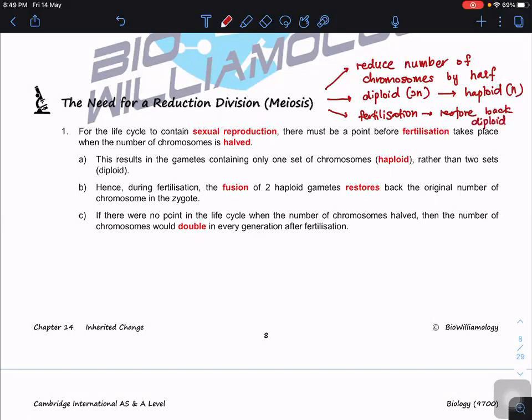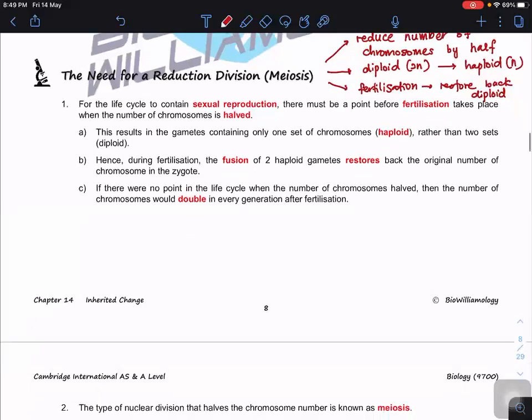If we don't do this, what will happen? What is the consequence? We will have a doubling up of chromosome number with each round of fertilization.